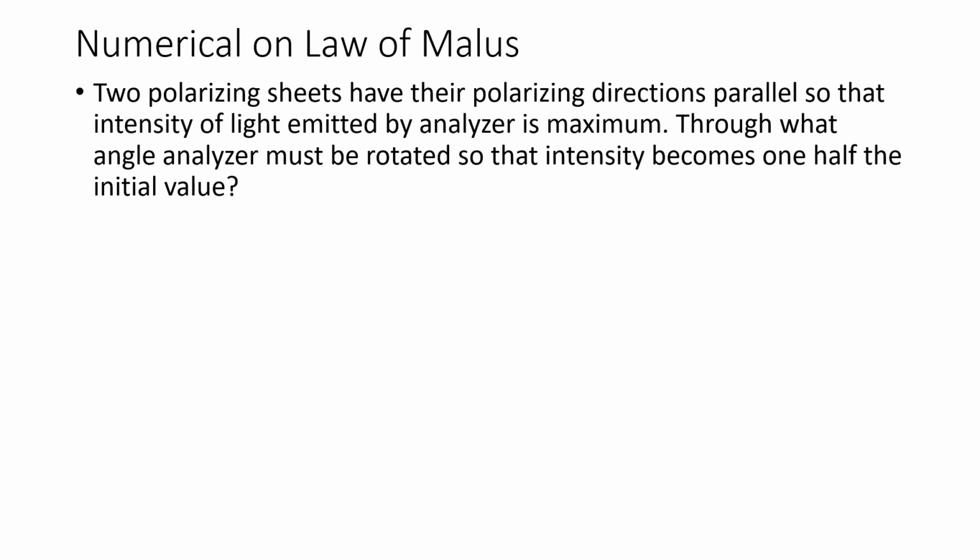Let us solve the numerical on law of Malus. See here, two polarizing sheets have their polarizing directions parallel so that the intensity of light emitted by the analyzer is maximum. What does this sentence say?